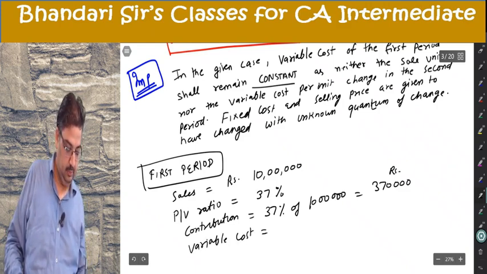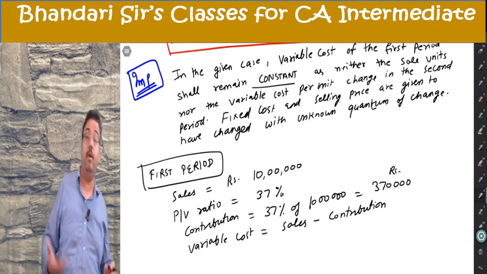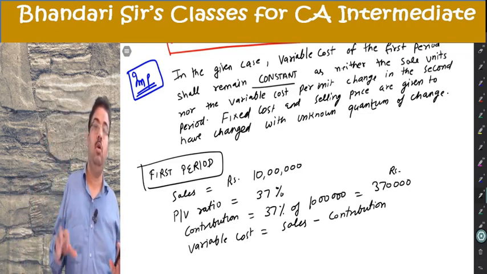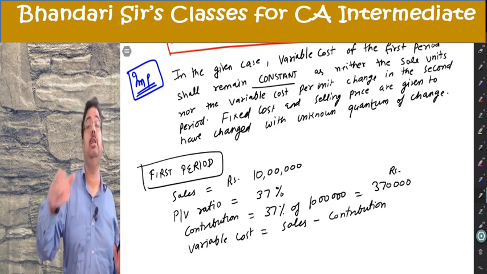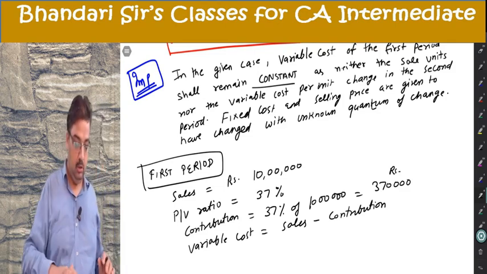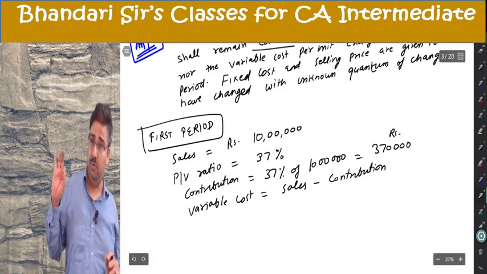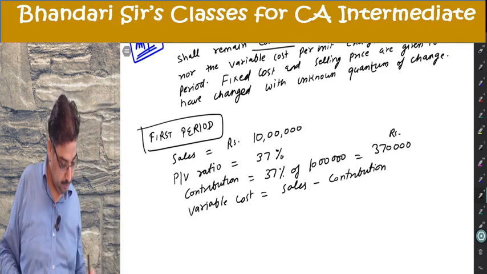Variable cost, sales minus contribution. Students say, sir, this is a new formula, you have never told us. That is wrong. Contribution is equal to sale minus variable cost. Hence, variable cost equals sale minus contribution. So variable cost I am getting from the basic formula of contribution.